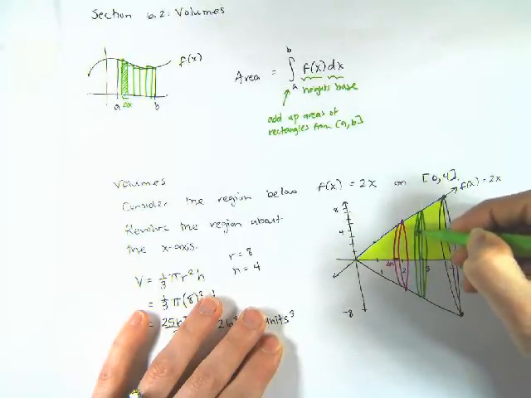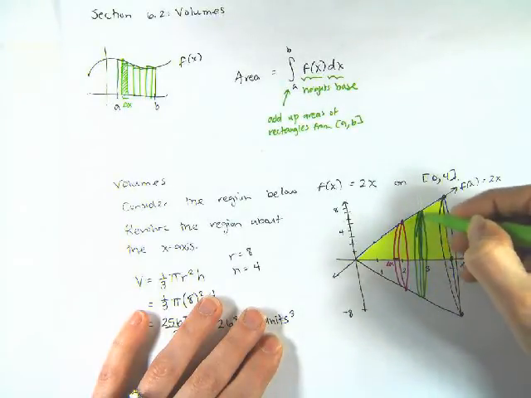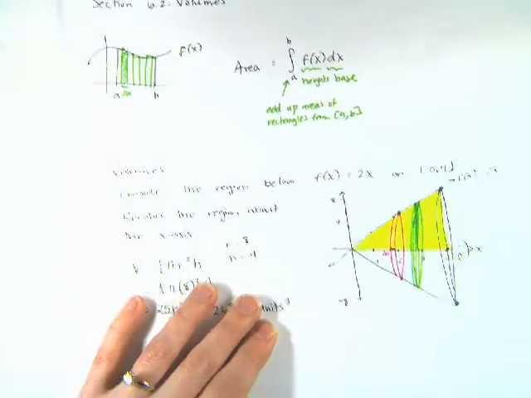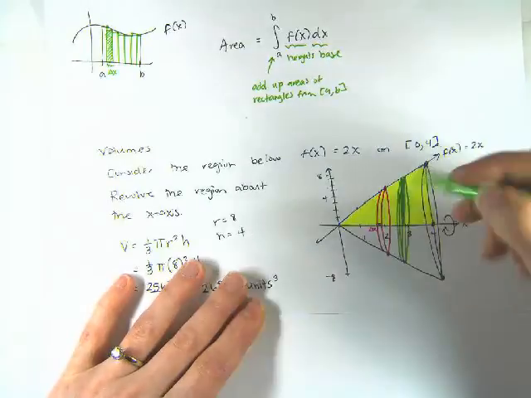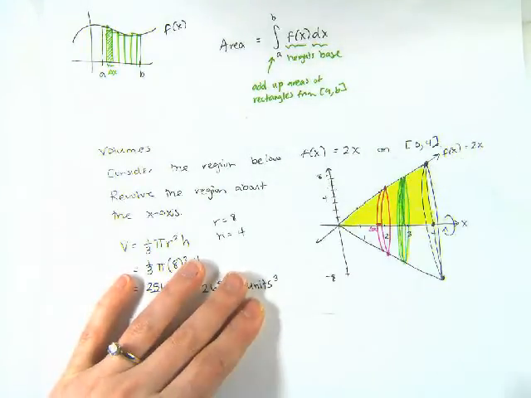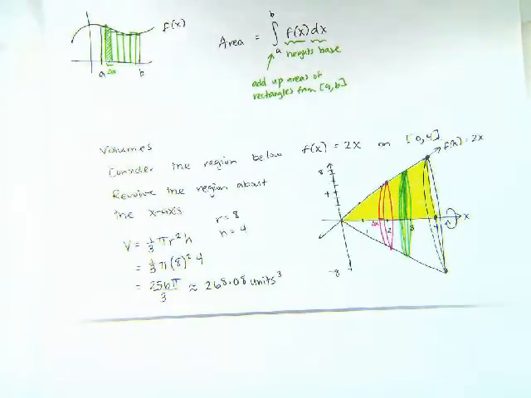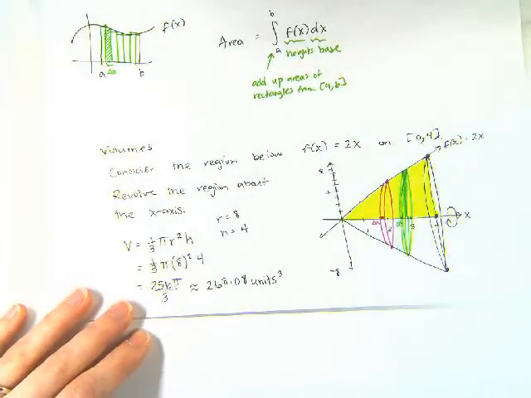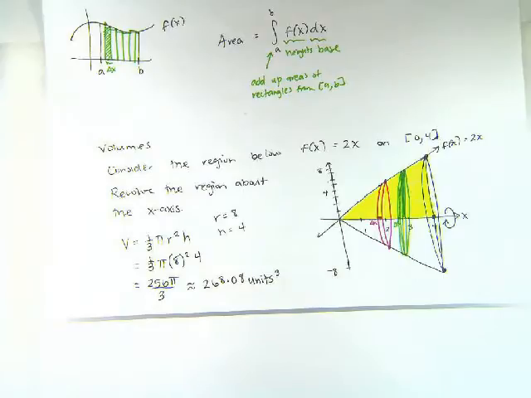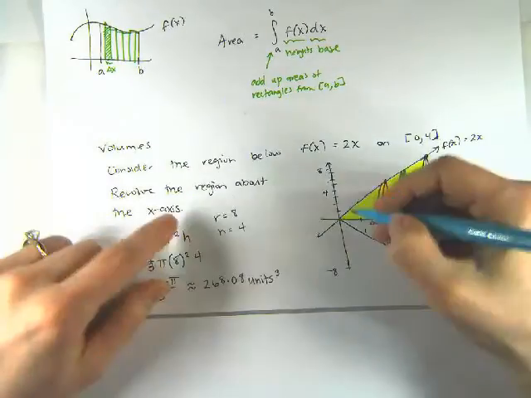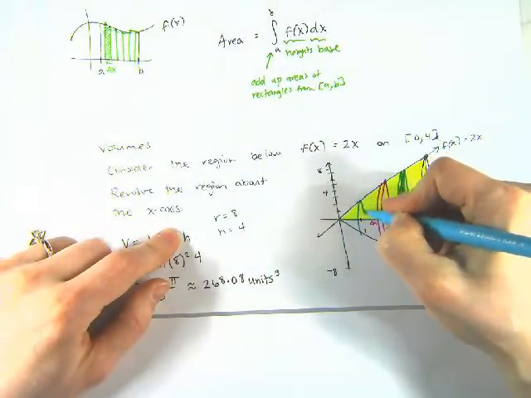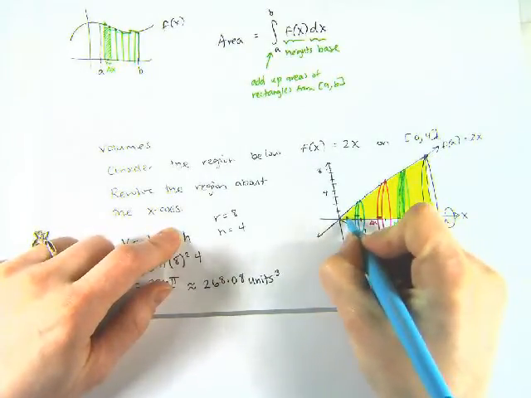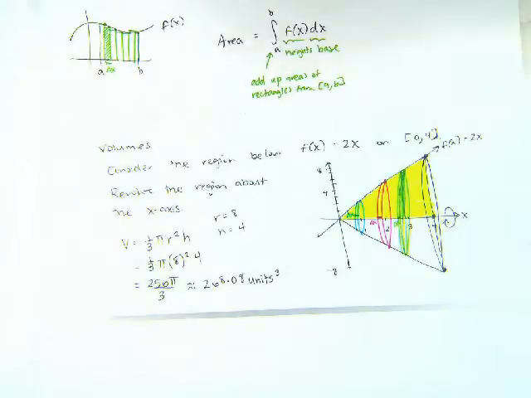Here's my original region that I revolved, and it would create this solid disc. And it still has some width that's a change in x. I'll do one more just for good measure. So if I sliced it here, some change in x for the width.